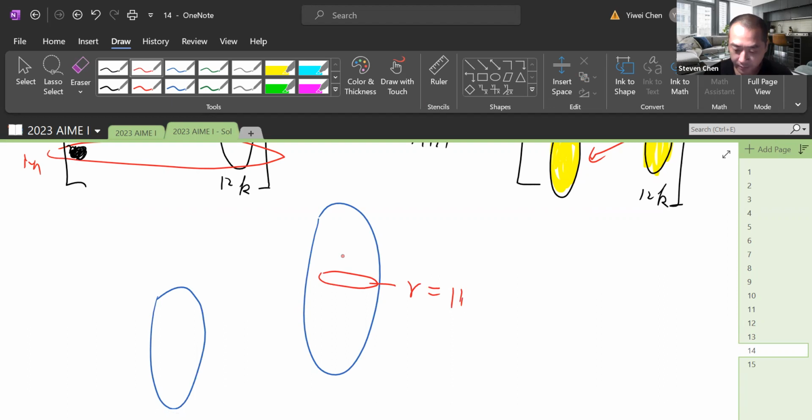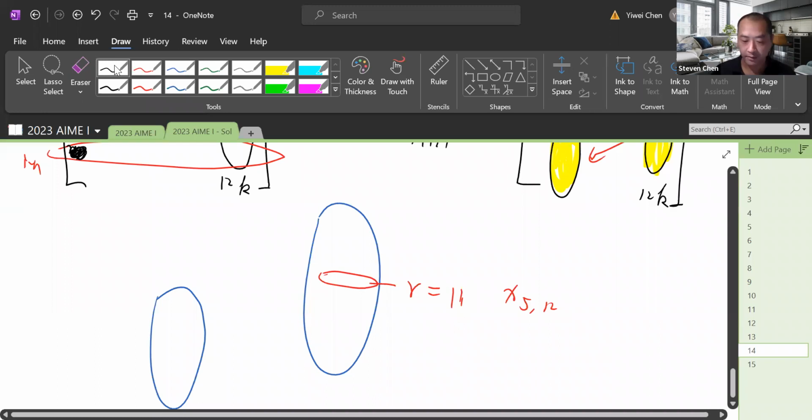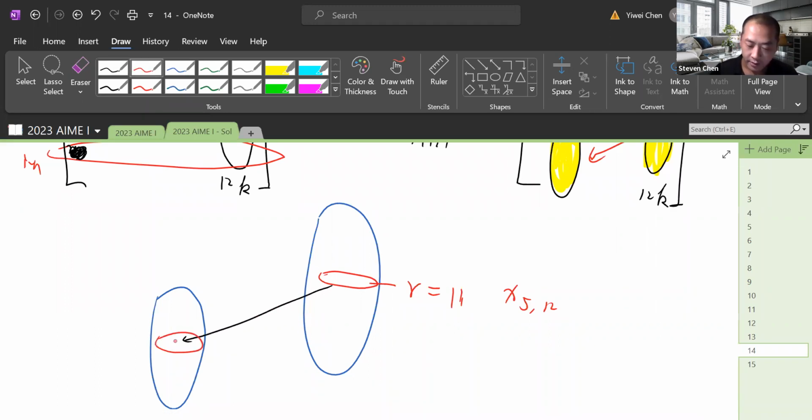So suppose its row is, without loss of generality, let me say it's x5,12. Okay. So we know when it moves to the first column, it goes here. That is x6,1, right? On row 6. Suppose this red circle in the right column has remainder 11 divided by 12.